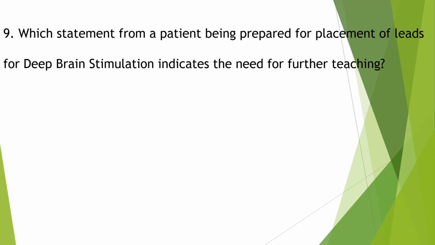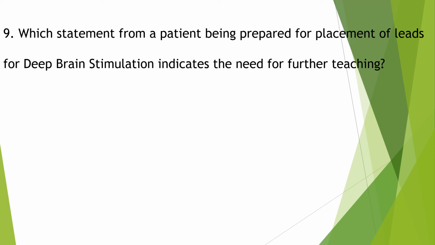Here, what the doctor does is a surgical implantation of a brain pacemaker, and this pacemaker will send electrical impulses to the specific parts of the brain. This deep brain stimulation system comprises three components.